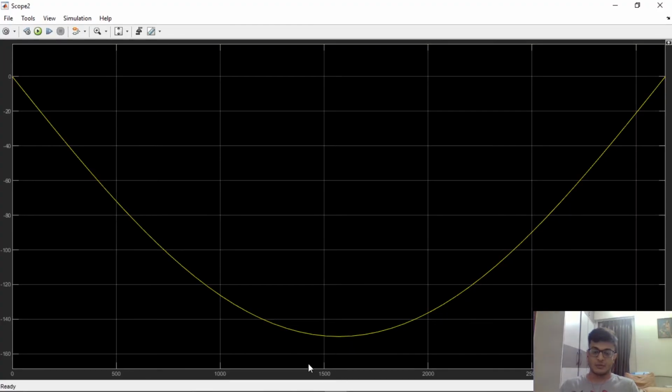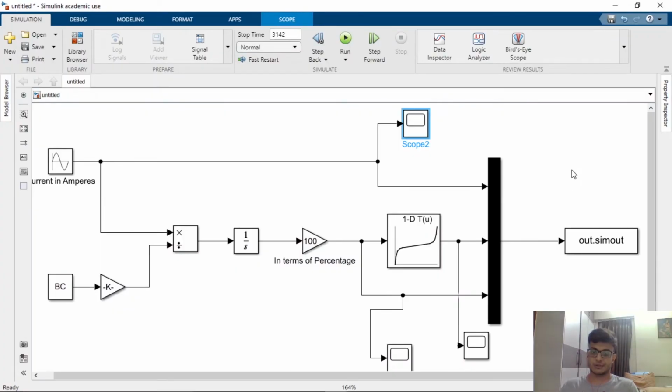However, at around 1500 seconds, say you are playing a mobile game, let's say a racing game or PUBG. So the phone will extract more current, that is, in the negative. So extracting is negative, and when you charge it, it becomes positive. As time progresses, let's say you quit the application and close your phone, so it will use less current. So I hope this is understood by you.